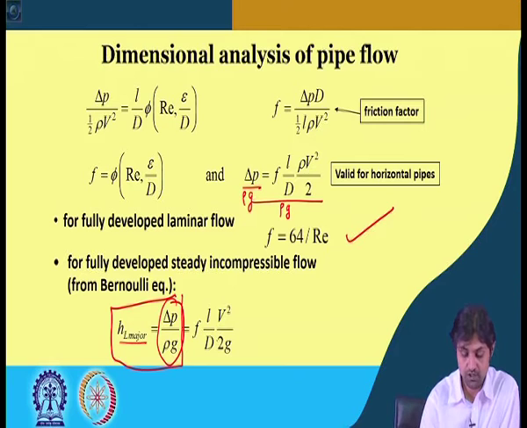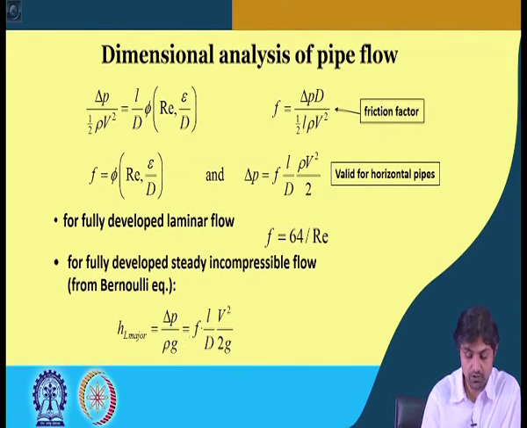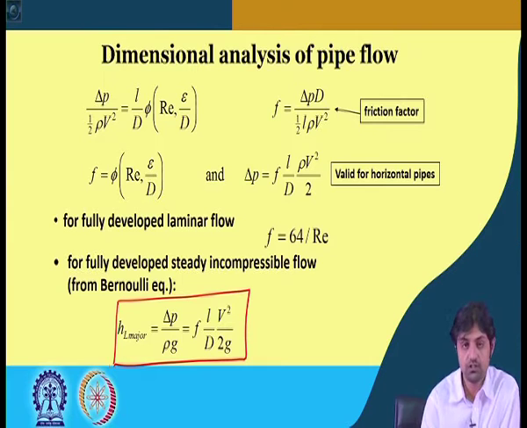what are you going to get? F will remain the same, L by D will remain the same, rho and rho get cancelled, and we get F into L by D into V square by 2G. So the major head loss is FL by D into V square by 2G. L we know, D we know, V we know, and G is a constant.